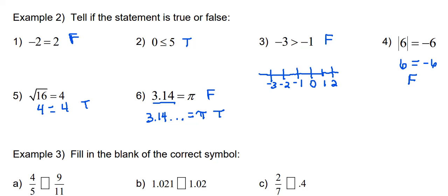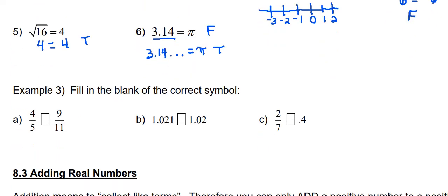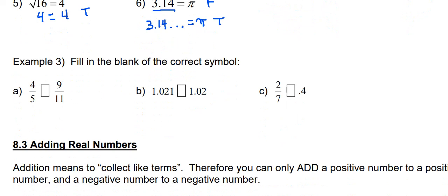Okay, so now it says to fill in the blank with the correct symbol. So if we look at A, we're comparing two fractions. But the problem is the fractions don't have the same denominator. And in order to compare two fractions, we have to have the same denominator. So we need to get a common denominator first.